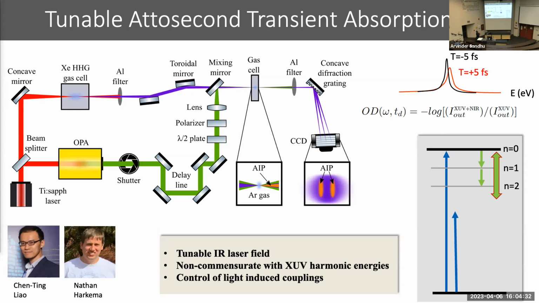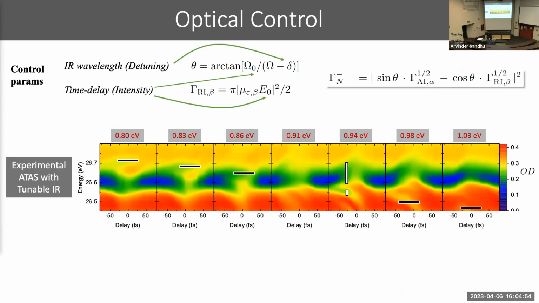We let the attosecond pulses, or the X-rays, go through, and we resolve them spectrally and look at the spectrum. When the spectrum changes, it splits or becomes narrower or wider, and we can find that out. We take a ratio of output spectrum to the input spectrum, and then we can plot that as something called optical density. So we are going to try to control the absorption here.